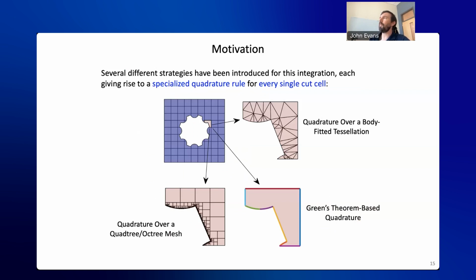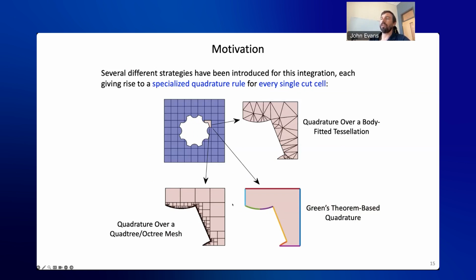And as you might imagine, there have been many different rules and strategies developed, including, for instance, quadrature over a body-fitted tessellation. And you can imagine this tessellation could consist of either straight-sided elements or curved elements. And this tessellation is just used for integration purposes.